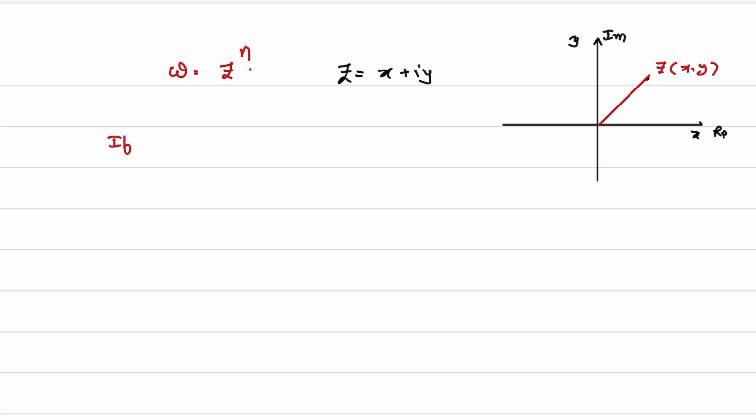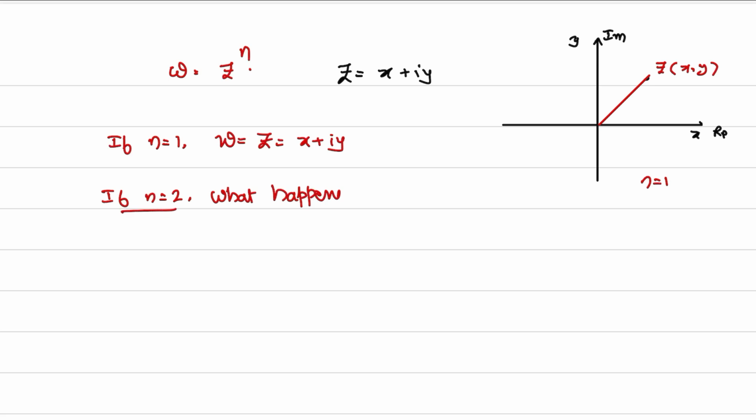If n is equal to 1, w is equal to z, that is equal to x plus iy. This is suitable when n is equal to 1. If n is equal to 2, what happens? Very important, very interesting. W is equal to z square.